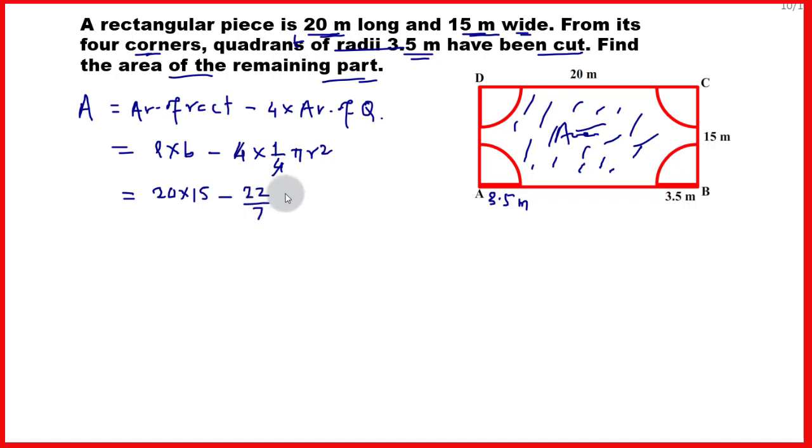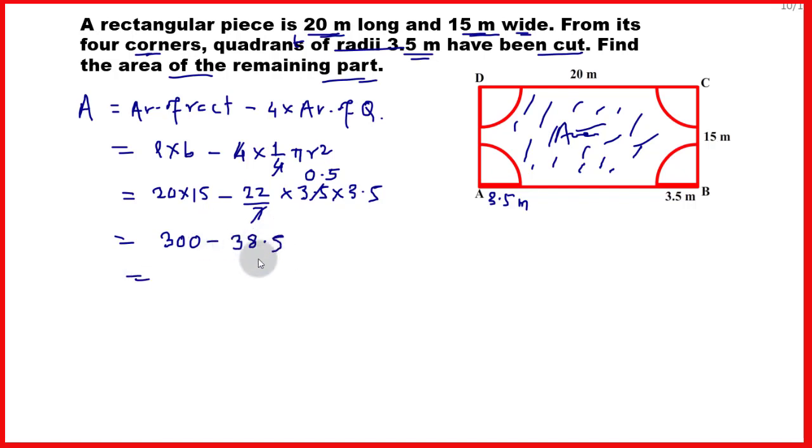So which is equal to length into breadth, 20 into 15, minus pi, that is 22 by 7, into the radius of the quadrant, that is given as 3.5 multiplied by 3.5. So which is equal to 20 into 15, that is 15 2s are 30, so it will be 300, minus 22 into 0.5 into 3.5, that will be 38.5.